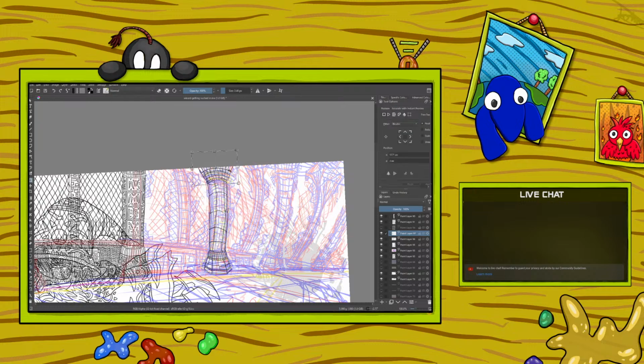Needs to be squared down. All right, so if that is the case, this needs to be like that.